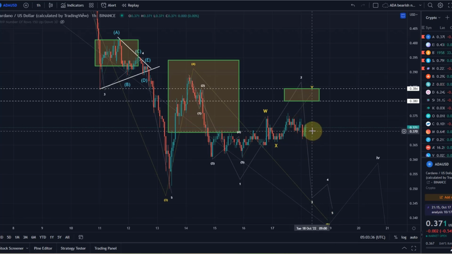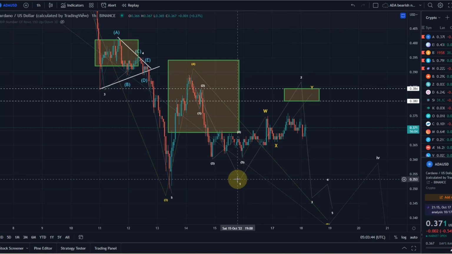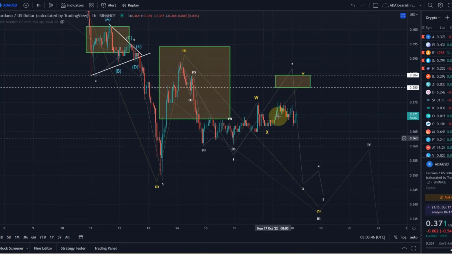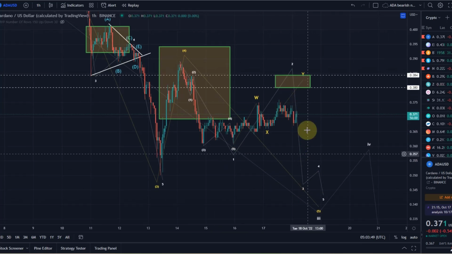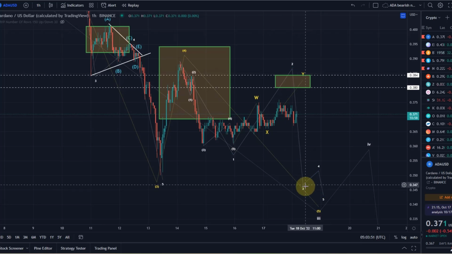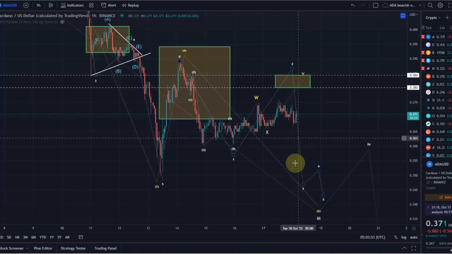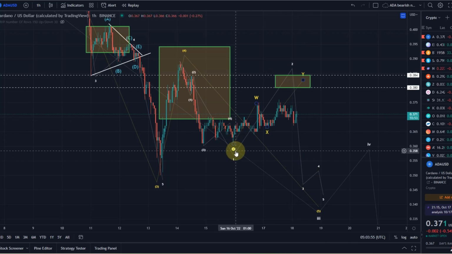It would be best, and the clearest signal would be if we get a swift decline in 5 waves below the wave 5 here, or 5 of 1, and that we then come down in the 3rd wave here. And that would be quite a strong decline if this is the correct wave count.